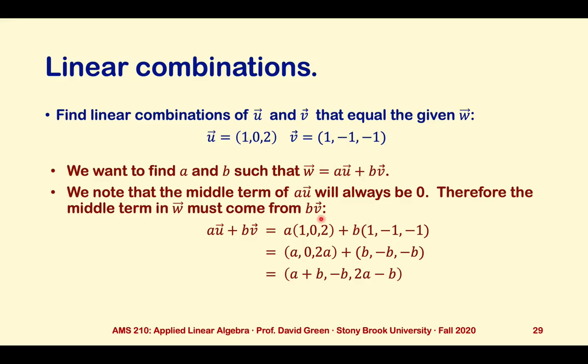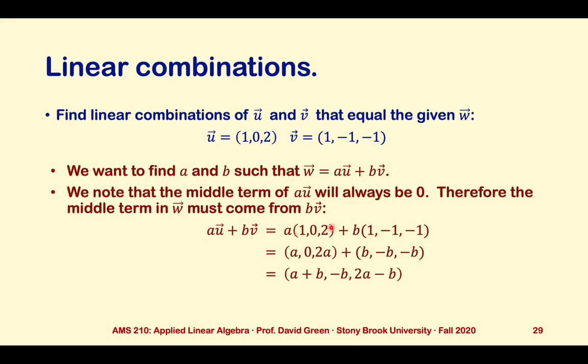We can summarize this and actually add a little bit more information by just asking what is the sum au plus bv using these symbolic constants. We don't know what they are yet, but we know they have to be something. So we use a and b as placeholders and evaluate this sum. a times 1, 0, 2 plus b times 1, negative 1, negative 1.